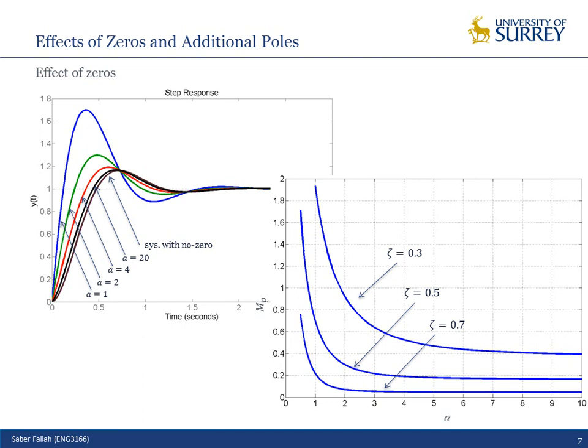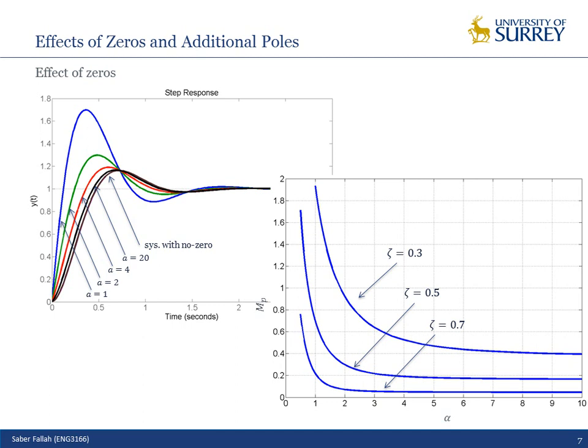For a lower value of damping ratio, the zero will have more effect on the response or maximum overshoot of the system. So in order to damp the effect of the zero on the response, it's good to have a higher damping ratio. Okay?